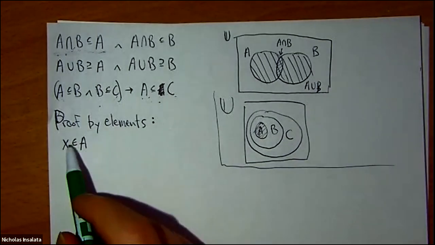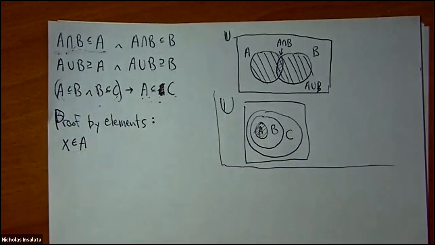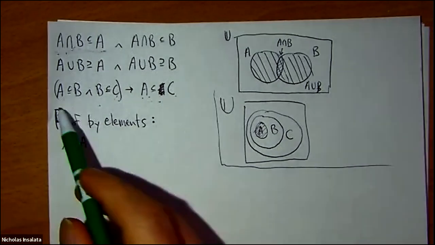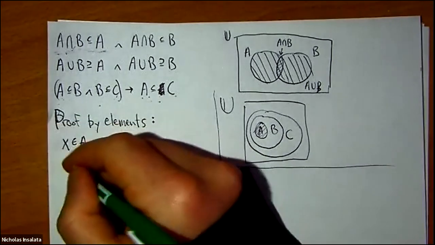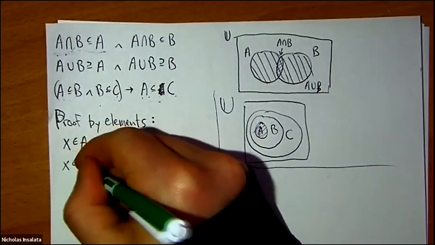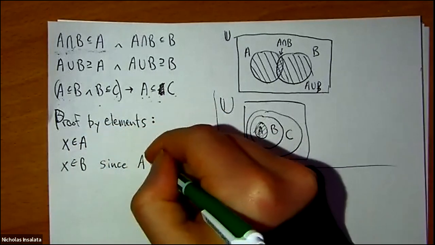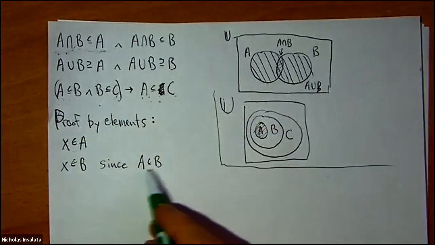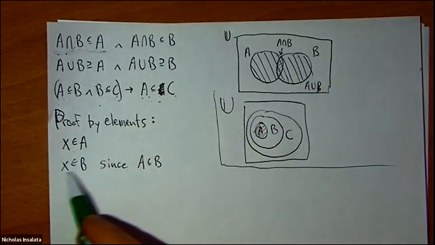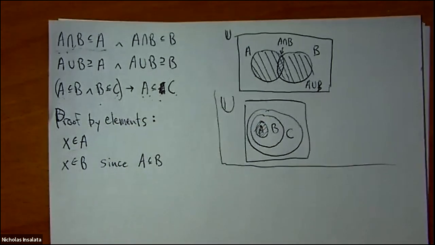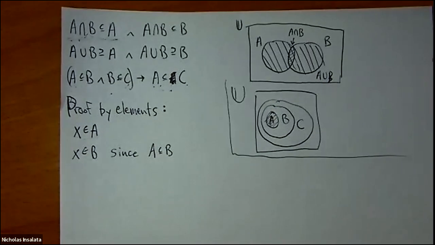Okay, what do I know about the elements of A? According to the premises, they're in B. X is in B since A is contained in B. So if X is in A, then it must be in B since all of A is contained in B. Okay, what do we know next?